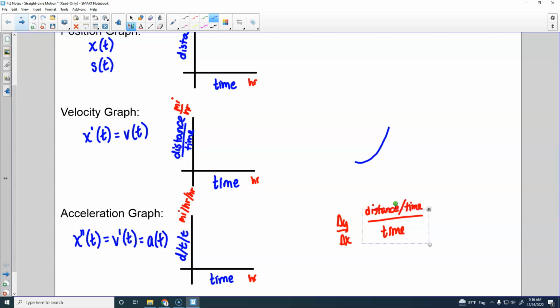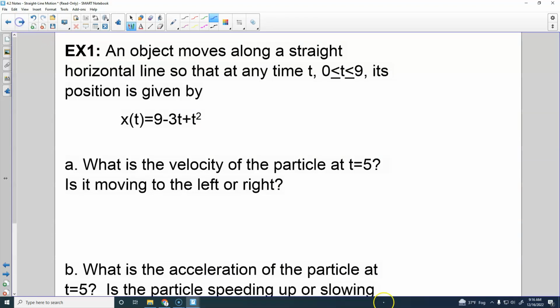So we've got an object that's moving along a straight horizontal line so that at any time t from 0 to 9, its position is given by this equation. It's really common to see these naked physics sort of problems. Do you guys do any of these in physics where you've got a particle that's moving?